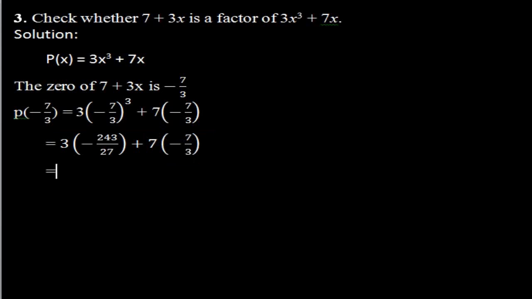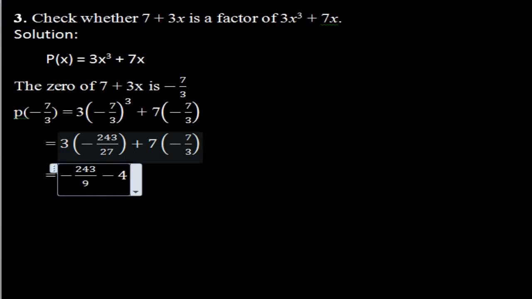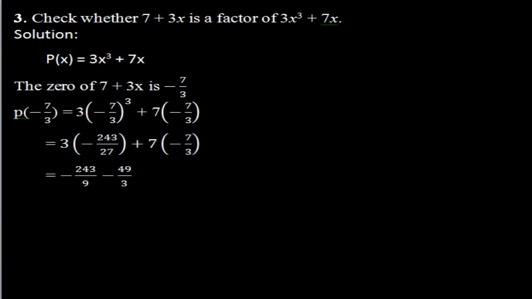Next step, here 3 and 27 we can divide. So when we divide this 3 and 27, it becomes minus 343 divided by 9. When we multiply the next terms, we get minus 49 by 3. Now this again can be simplified by taking LCM.